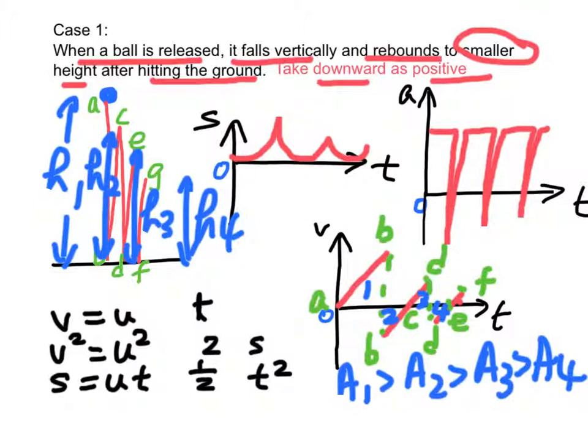The equations of motion become v equals u plus gt, v squared equals u squared plus 2gs, s equals ut plus half gt squared.